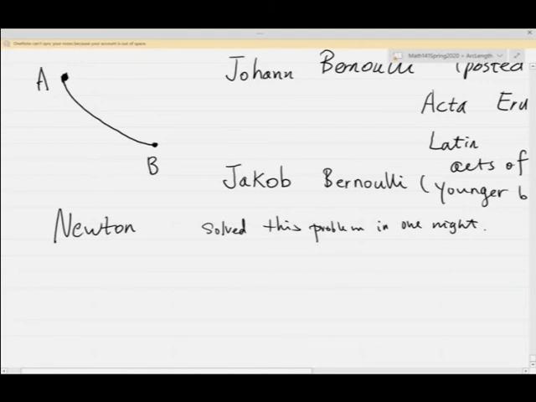Now Newton at that time had already published his famous book, the Principia, and he has his own style of writing. Once Johann Bernoulli read Newton's letter, he immediately realized where this letter was coming from.